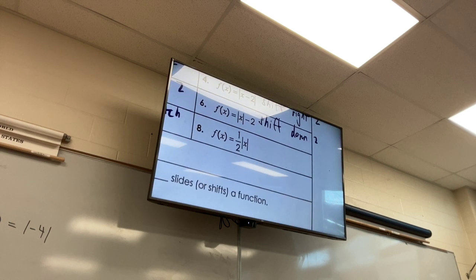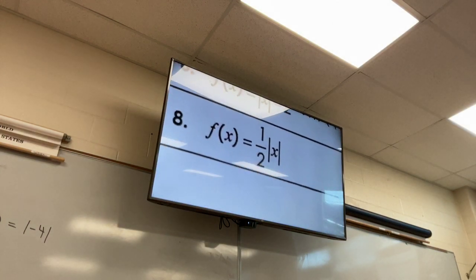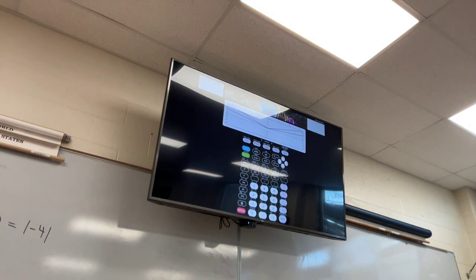Likewise, what do you think happens if I multiply by 1/2? So for number 8, we graph the red graph, and we're just comparing it to the original. The blue graph is like the parent function. So I took my parent function, the blue graph, and I multiplied it by 1/2.